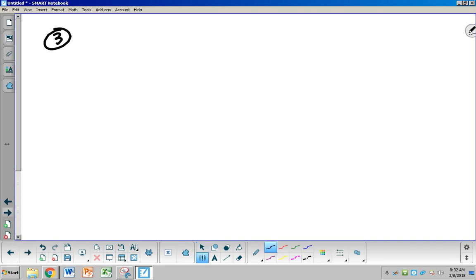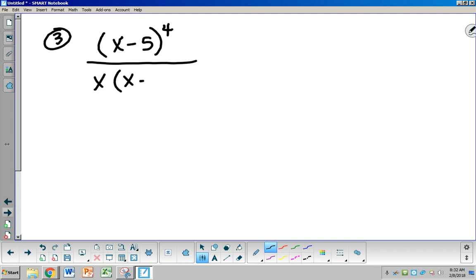I'm going to go straight up for an inequality because I figure you guys can do the equalities. I need to put it in factored form already. What are we going to do? We're going to use a sign chart.